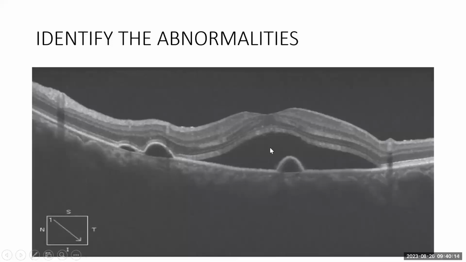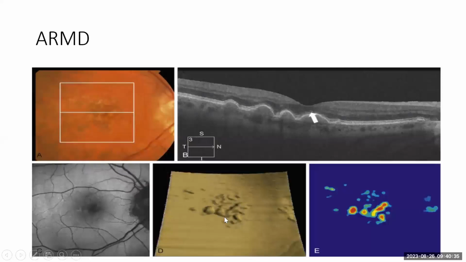This is a PED, but this is a serous form of retinal detachment. This hyporeflective space here most times contains fluid, will contain blood as well if it's hemorrhagic, okay? Now, let's go through these ones and I'll show you.